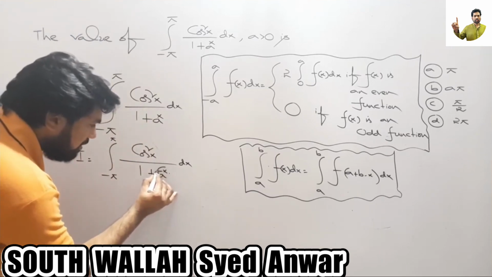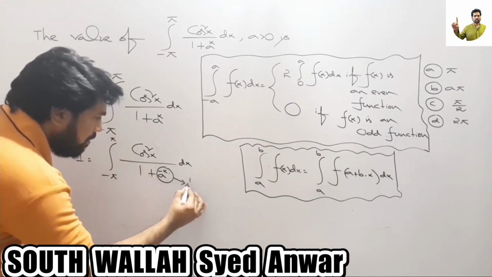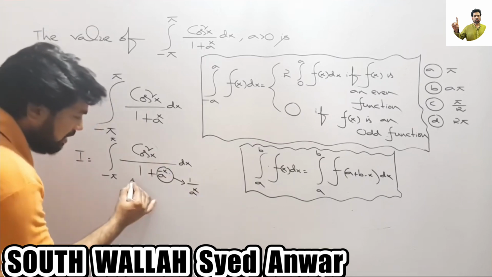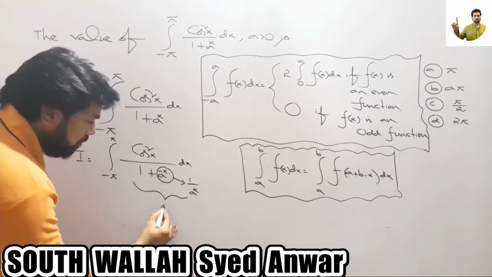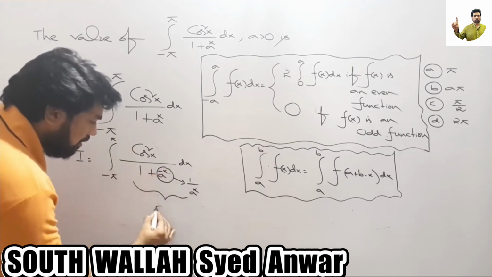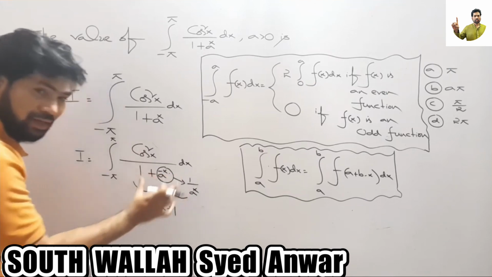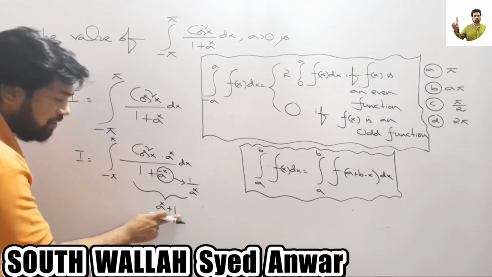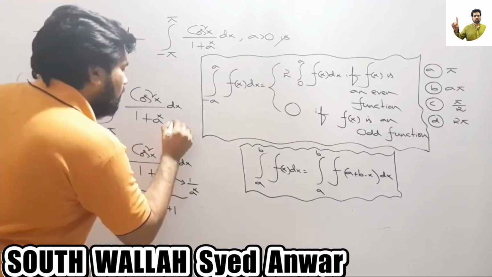Here a power minus x can be written as 1 upon a power x. When I take the LCM, the denominator is going to be a power x plus 1 upon a power x. So instead of writing it in the denominator, I have taken this a power x to the numerator place.